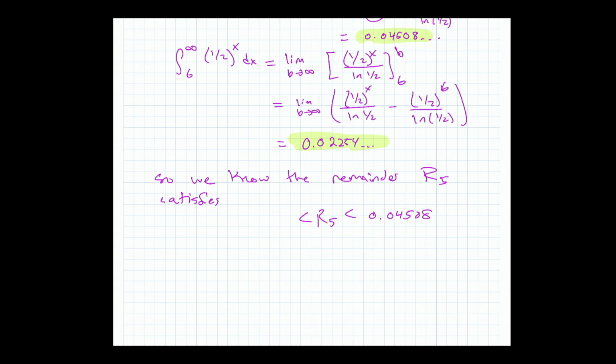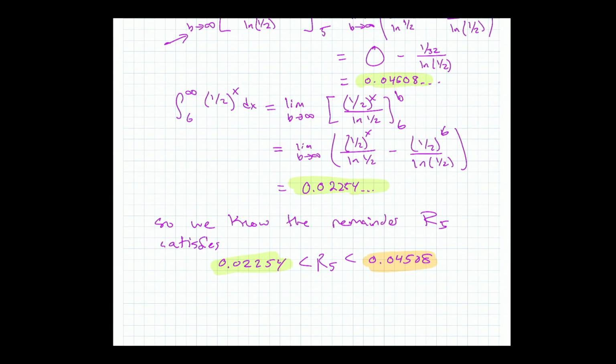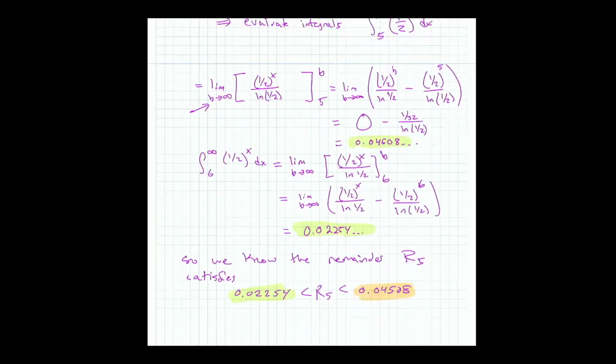We know it's less than 0.04508, but we know it's bigger than 0.02254. So it's stuck between those two values. So we know we have at least this much error, and we know we have at most this much error if we use the first five terms of the series to approximate our sum. Okay? So that's how you could do that.